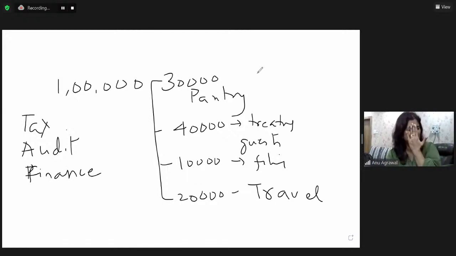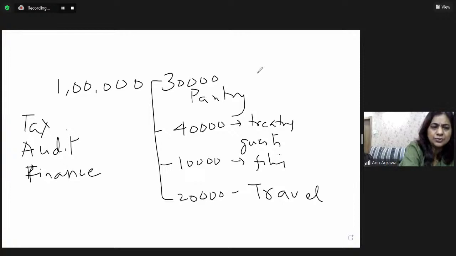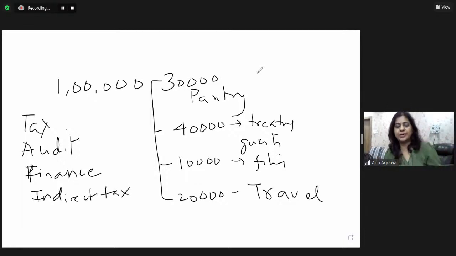And one is into indirect tax. There are four different departments, each one of them exactly.